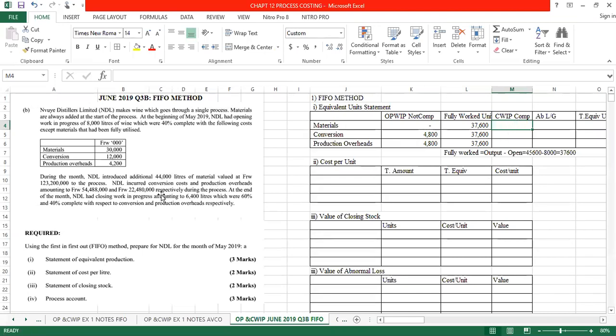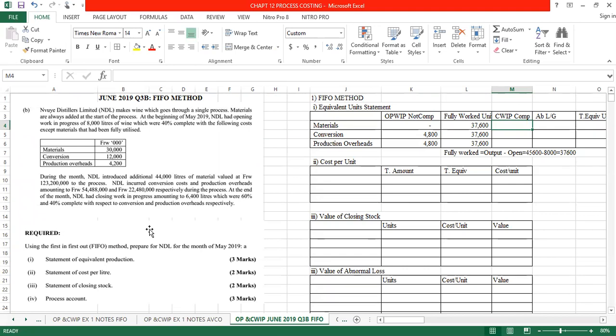I was reading here, NDL had closing work in progress amounting to 6,400 liters, which was 60% and 40% complete with respect to conversion and production overheads.